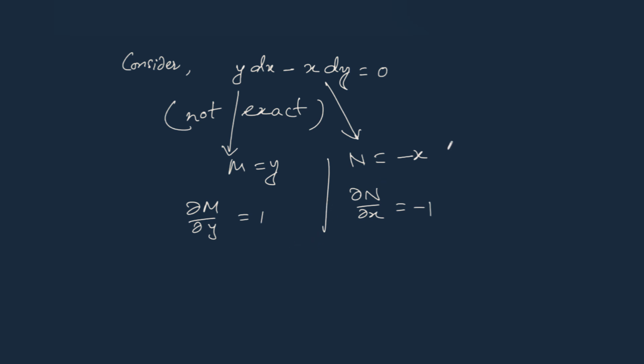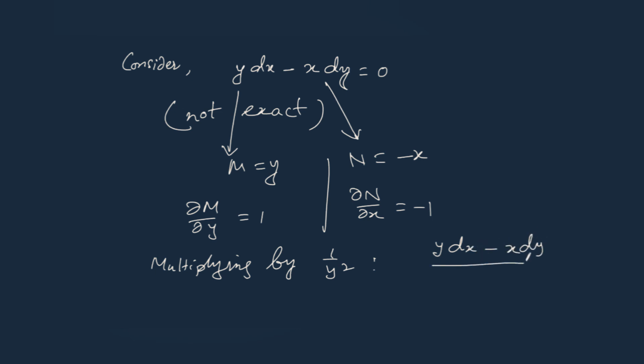Now if an equation is not exact, we can make it exact by multiplying by some function. If we multiply by 1 upon y squared, we will get (y dx minus x dy) upon y squared equals 0.